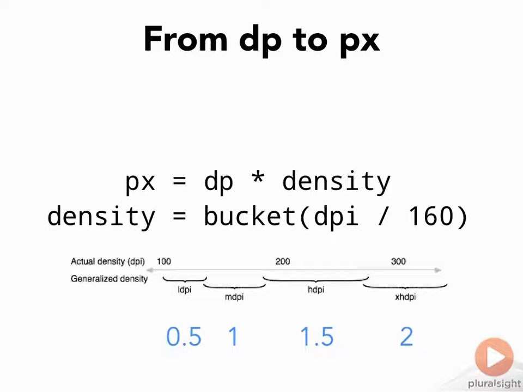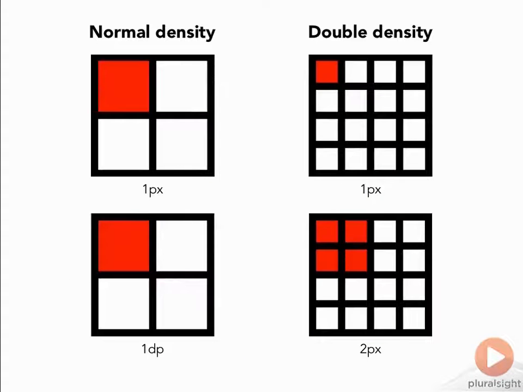Let's look at what happens when we have a device of XHDPI density, or in other words, of factor 2, double density. Here, we are looking at two devices, one with normal density and one with double density. Notice that the double density device has more pixels per physical area than the normal density one.